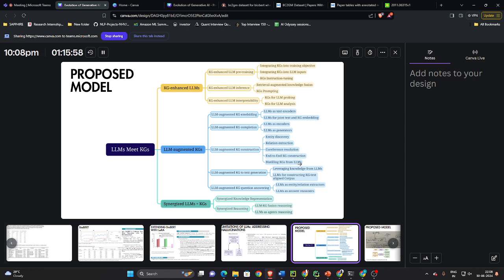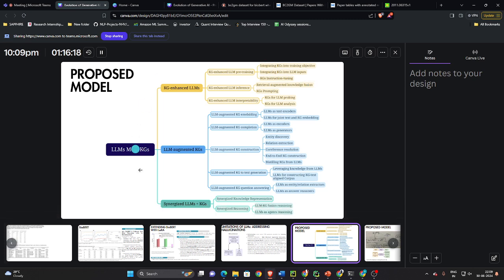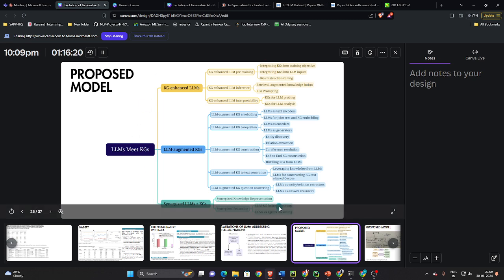So this will be worth more brainstorming in the future. Even if you just count all of the possibilities in here, you can merge any of the ways of using KG enhanced with any of the ones with LLM augmented, then finally synergize it. There could be n number of ways by which this entire architecture could work, and we could never finally reach the one that's best for us.